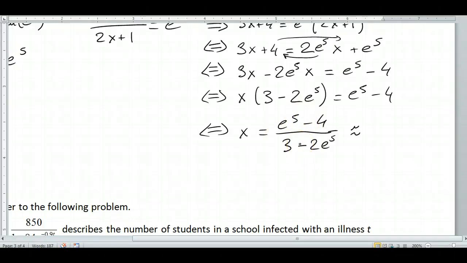So e5 minus 4, don't forget the parentheses everywhere, divided by parentheses 3 minus 2e5, here we go, and this is about negative, it's about negative 0.5, okay?